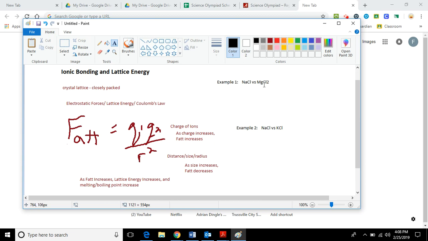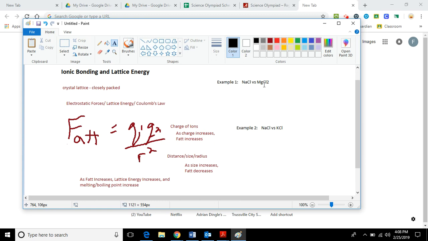So how I compare and contrast those two is, well, both Na and Mg are bonded to Cl ionically. It's an ionic bond, but NaCl has a +1, -1 charge, whereas MgCl2 has a +2, -1 charge.